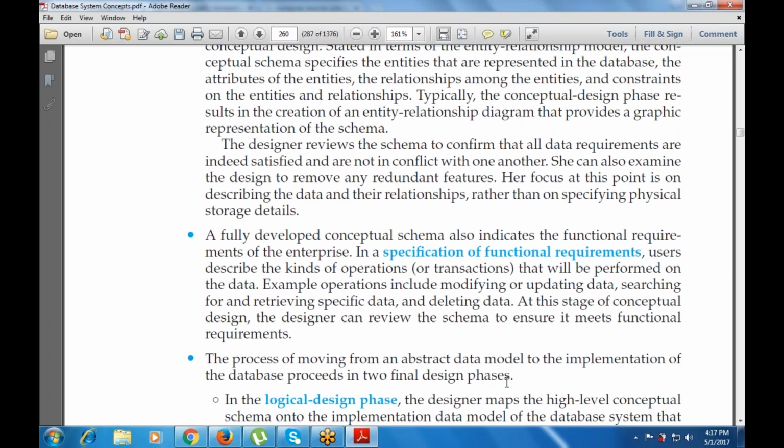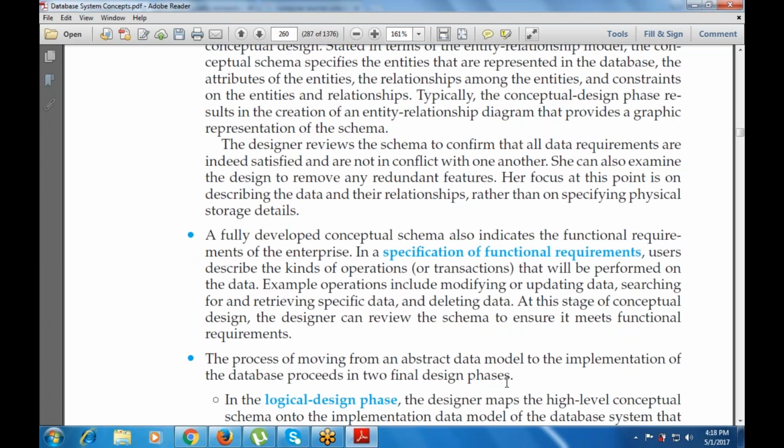In a specification of the functional requirements, users describe the kinds of operations or transactions that will be performed on the data. Examples include modifying and updating the data, searching and retrieving specific data, and deleting the data. At this stage of conceptual design, the designer can also review the schema to ensure it meets the functional requirements.